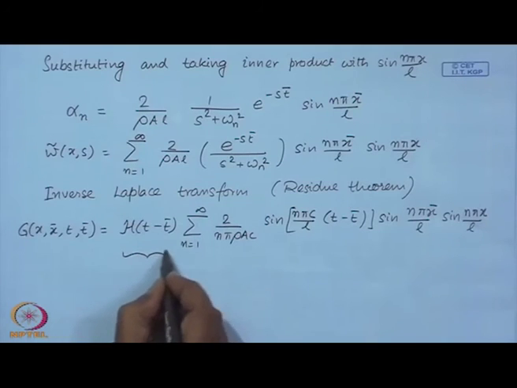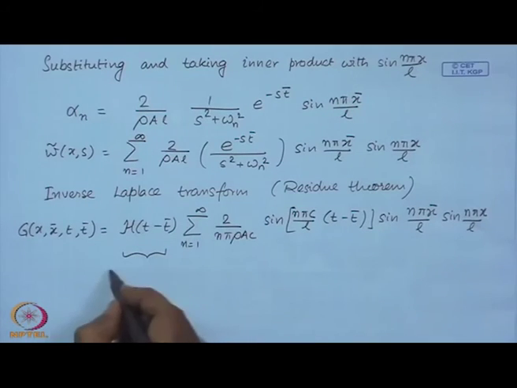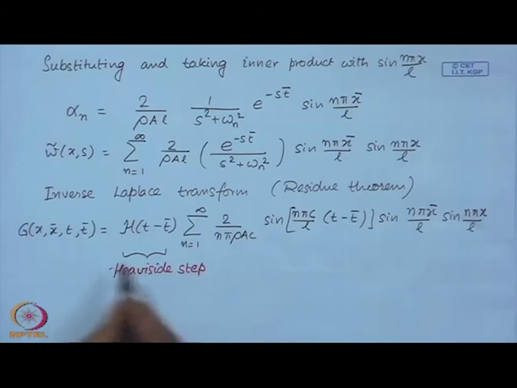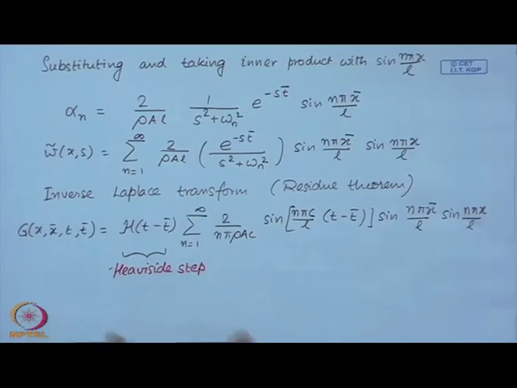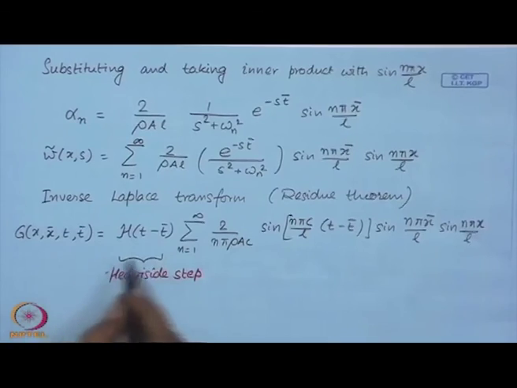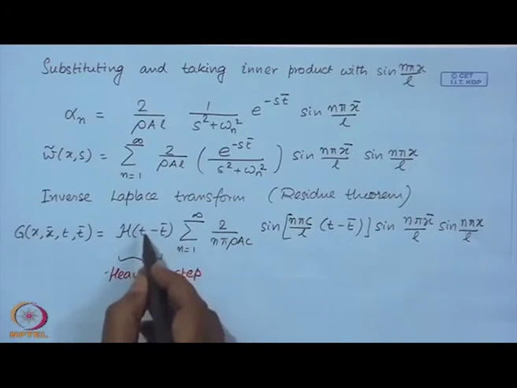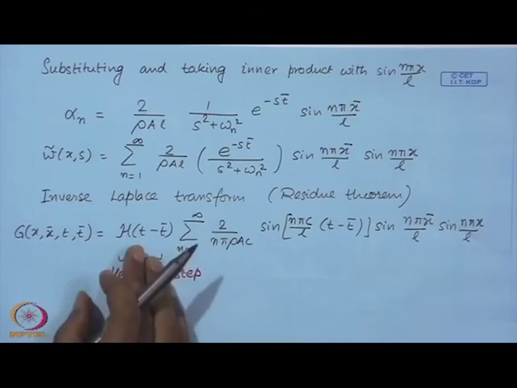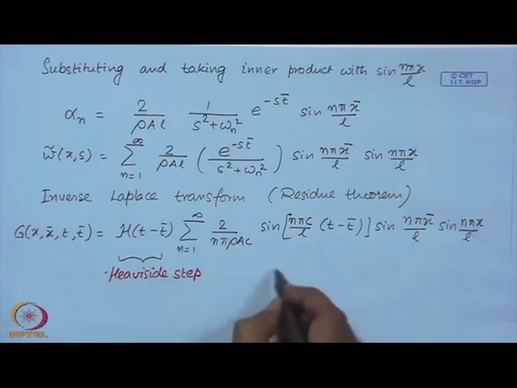Here this is the Heaviside step, which comes from causality, which means that the solution does not exist before the impulse is provided. So, for t less than t bar the solution is 0. The solution is non-zero only when t is greater than t bar.